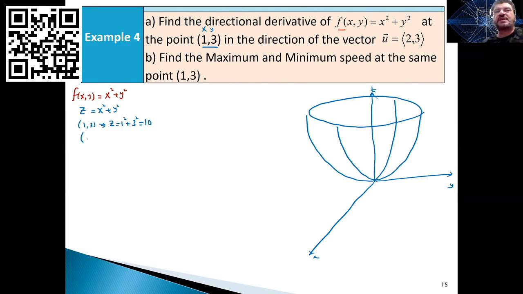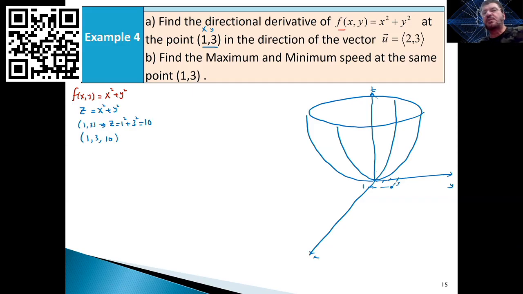So what's the point here? When x is 1 and y is 3, z is 10. How do we graph this one, by the way? x is 1, y is 3. So they meet here. This is 1 and 3.